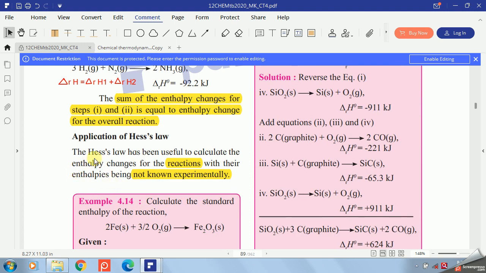Now, what is the application? Some reactions cannot be carried out in the laboratory, or cannot take place directly.